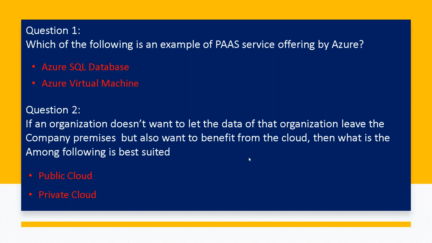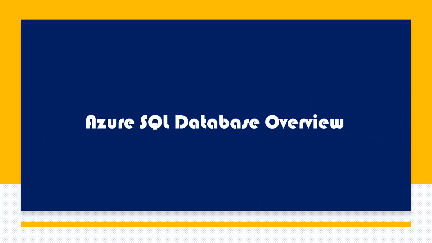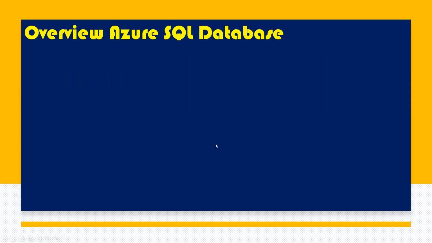Fine. Let's see the Azure SQL Database overview. What is Azure SQL Database? This is our database only, like how we use it on-premises. In the on-premises database you are using SQL Server, installing it on your system and starting to use it. The same database is available in our cloud environment also, as one of the resources.